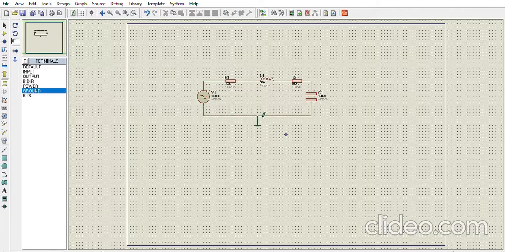So one more thing, we need to find the current and the voltage waveform. So we need to put the V probe and also the current probe.